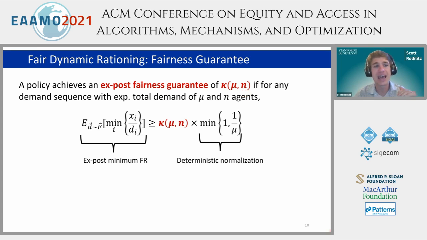And then we're going to say that a policy achieves an ex post fairness guarantee of kappa(mu, n) if for any demand sequence with an expected total demand of mu and n agents, we can achieve a kappa fraction of what we could achieve if demand were deterministic. So this is saying, what's the cost of having this stochastic demand sequence?